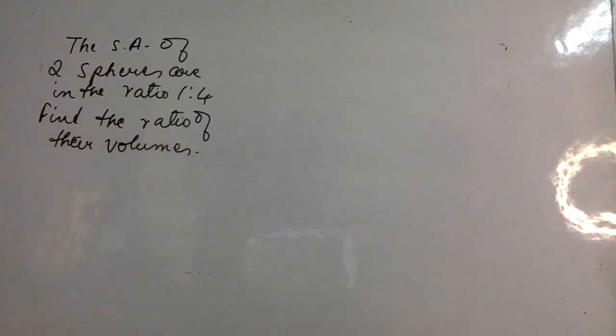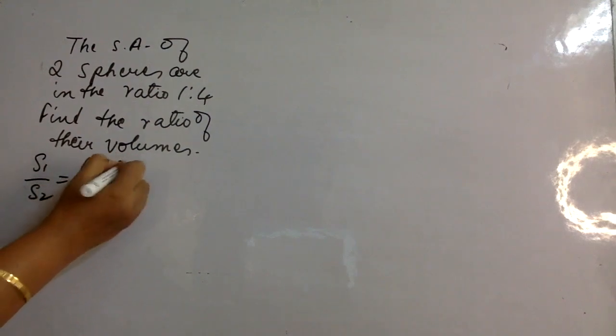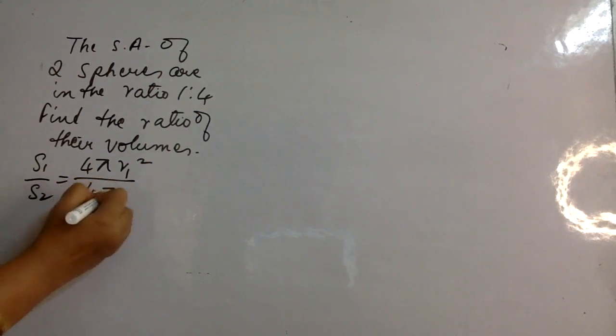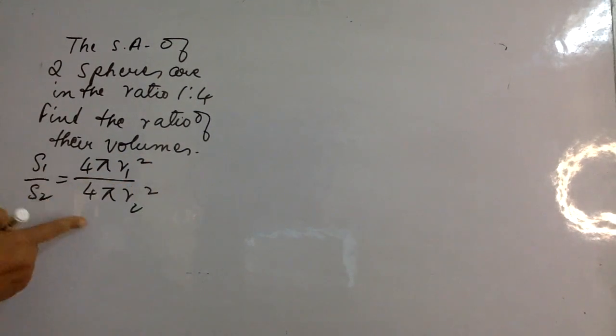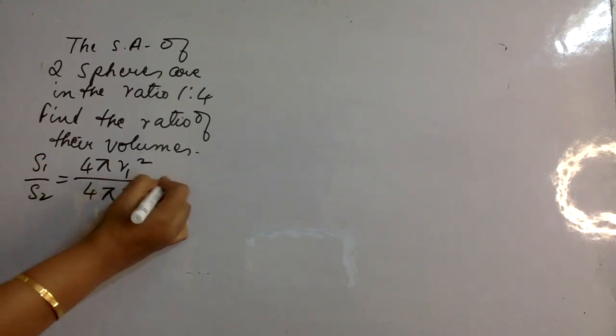So they have given us the surface area of the two spheres. So S1 by S2 is 4 pi R1 square by 4 pi R2 square. Why? Because they both have a different radius. And that comes to 1 by 4.